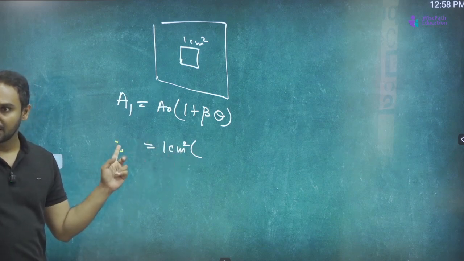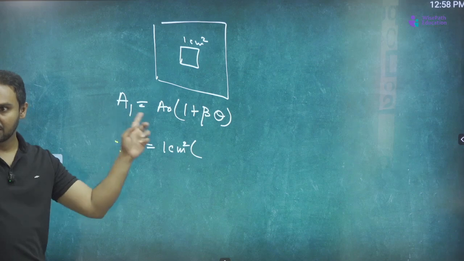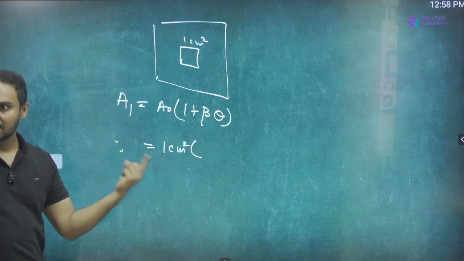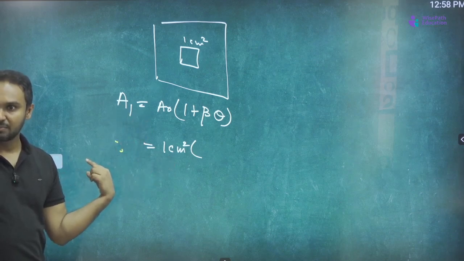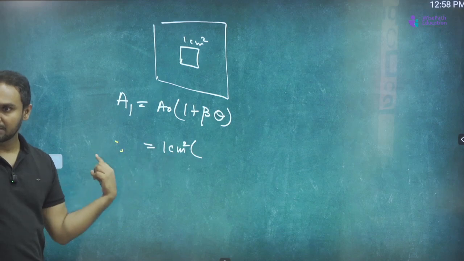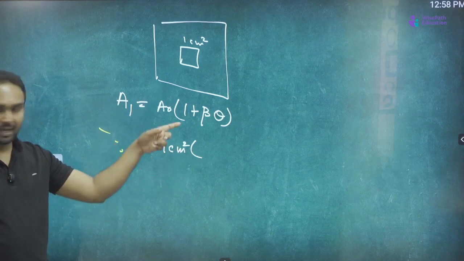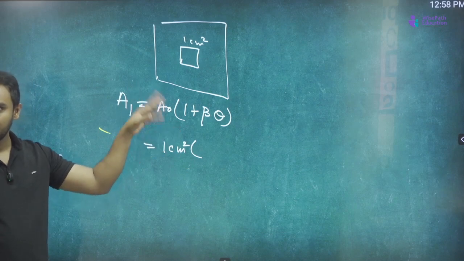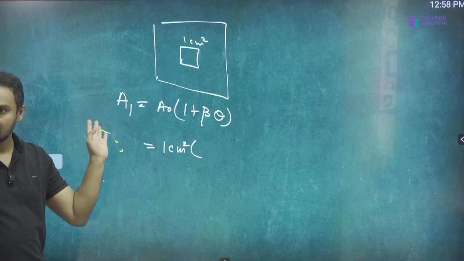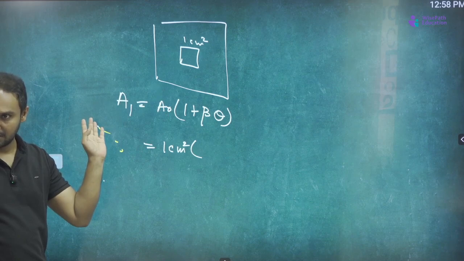If you applied meters here, you get a meters answer because A to A cancels out. If you apply centimeters, you get centimeters; if you put meters, you get meters.